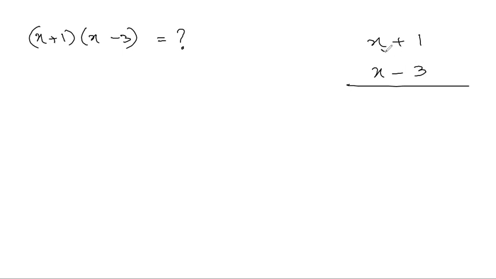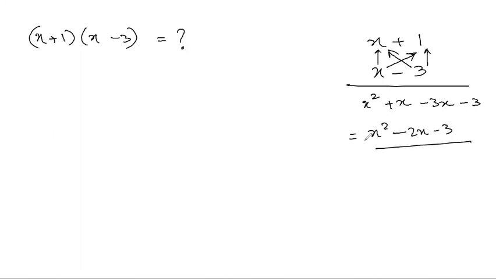First x goes with x, x squared, then x goes with 1, so plus x, then negative 3 goes with x, so negative 3x, and negative 3 goes with 1, so negative 3. Treat it as x plus negative 3. So when you're multiplying, don't write plus 3, it's negative 3, times positive 1. Then you simplify: x squared minus 2x minus 3. So that's the unfactored form. That was pretty simple, right?